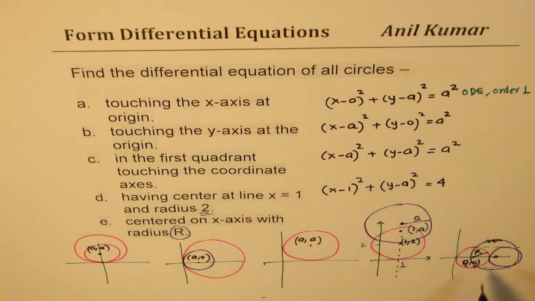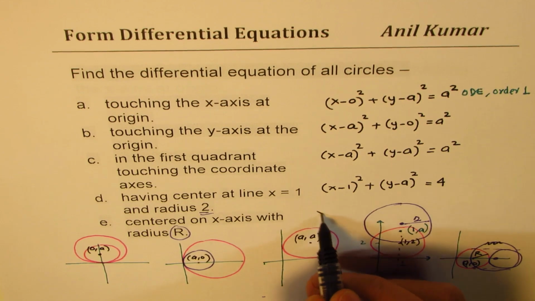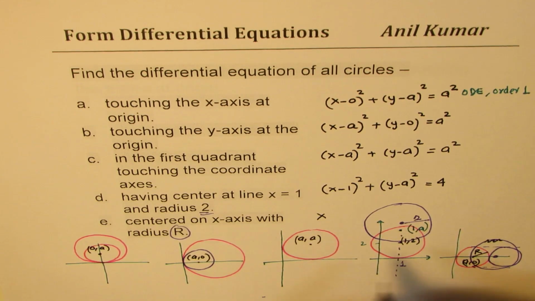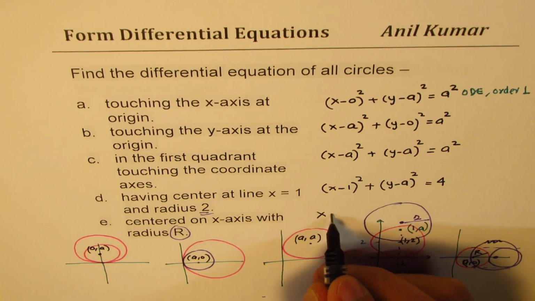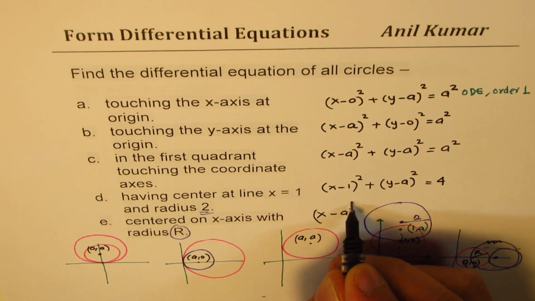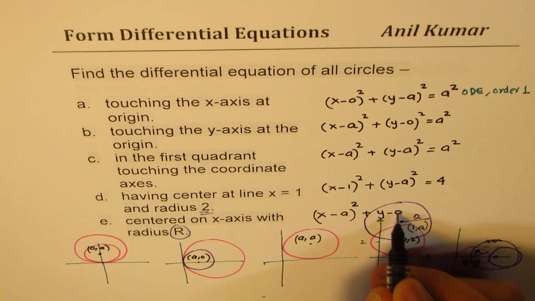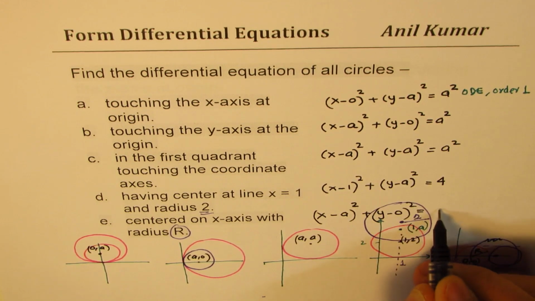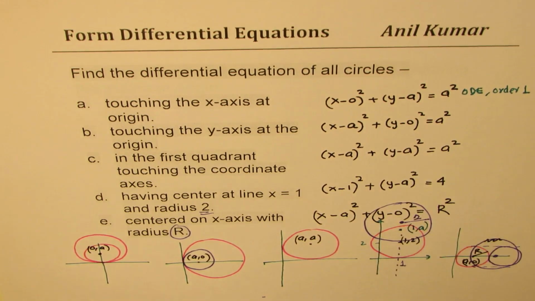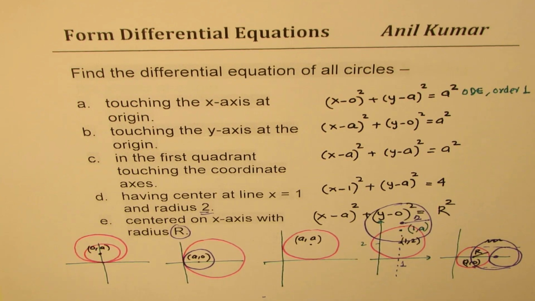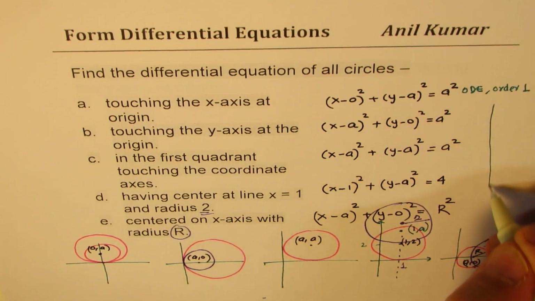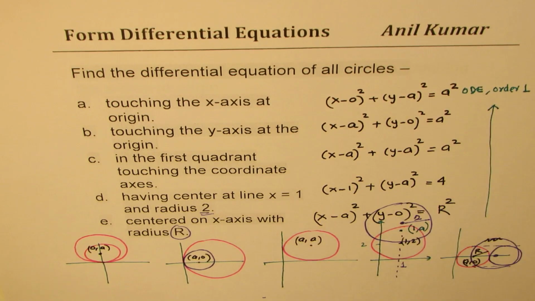So we can follow a similar method. So what we have here is x. A value is changing. The x value is changing. The y value remains the same, which is 0. And the radius is R, so it will be R square. So what you see in all these cases is that we have only one parameter to work with.